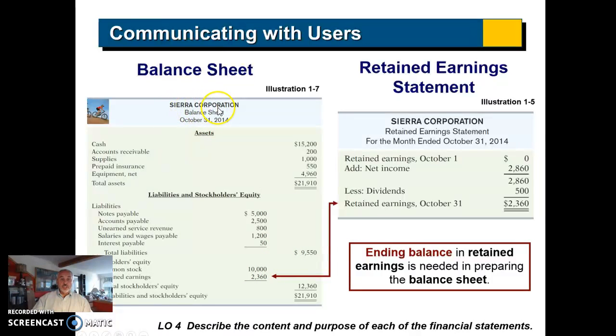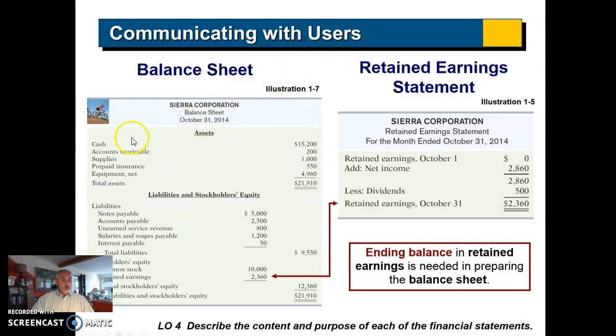Notice on our balance sheet, we have a heading, the company, the name of the financial statement, and notice it's for a particular date. A balance sheet is a snapshot or a photo of the position of the company on a specific date. That balance sheet's information is good only for that date.